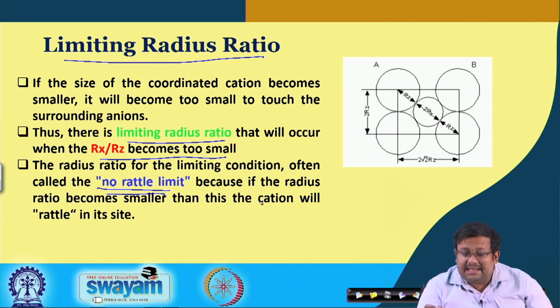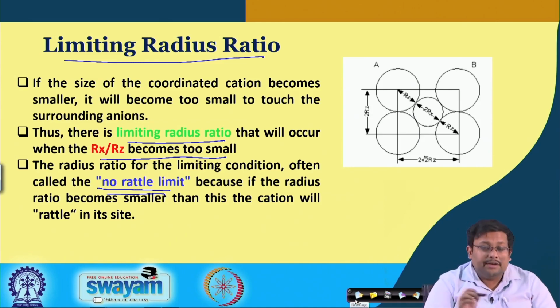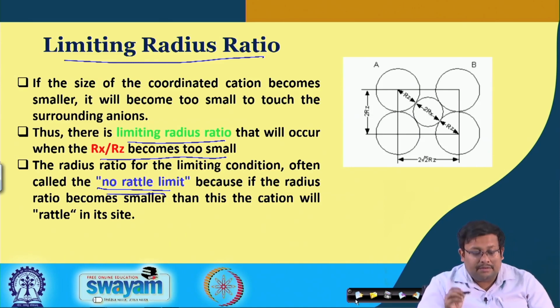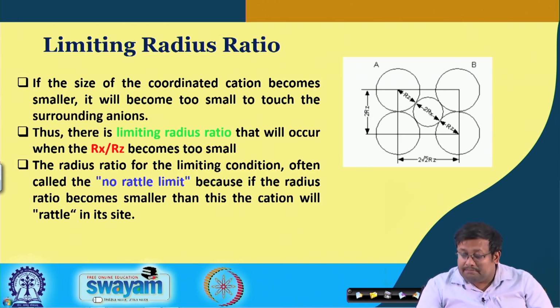As you can see here, there are 4 anions surrounding a cation, and the no rattle limit for this 8-fold coordination or cubic arrangement can be achieved by using the Pythagorean theorem.